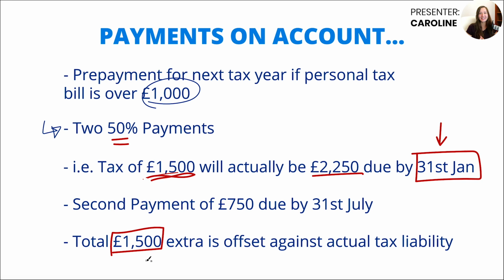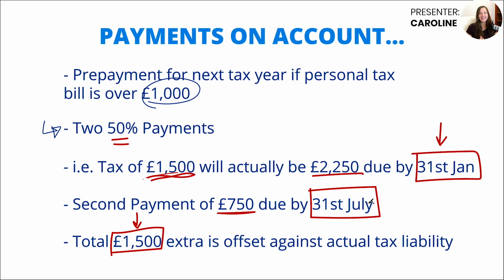So if your tax bill for next year is very similar to this number here, then all you would need to actually pay is the normal payments on account, which you can see the second payment of £750 is due by the 31st of July. That's the following July after January.